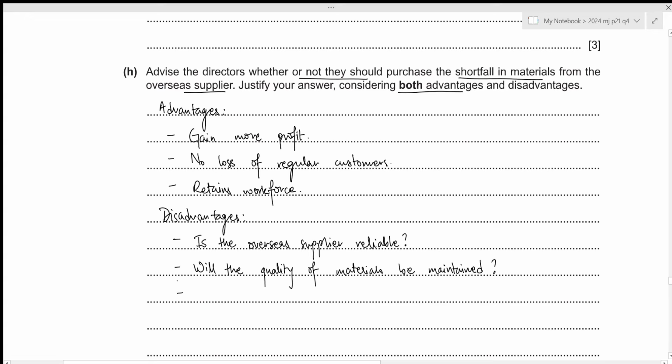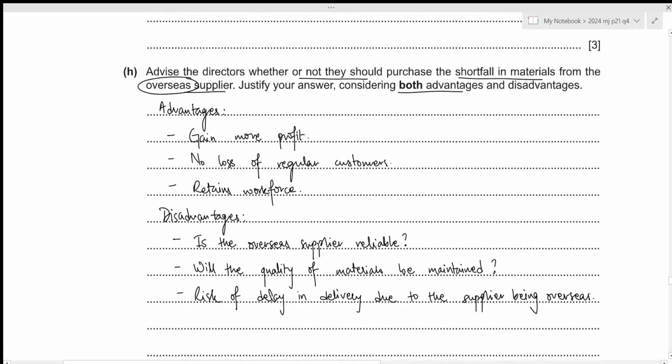Then the third disadvantage is that since we are considering an overseas supplier, there is always the risk of delay in delivery due to the supplier being overseas.